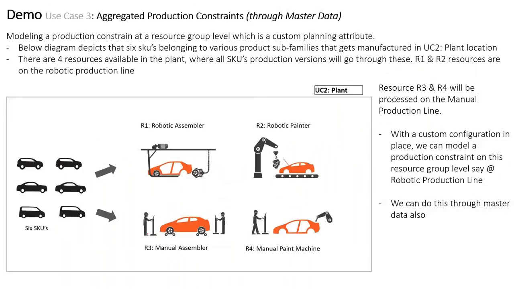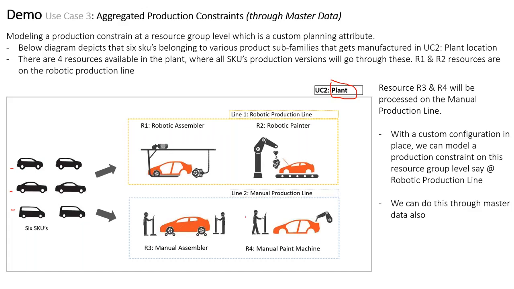Now here I have this plant, and in this plant, 6 SKUs are getting produced, all SUVs, MUVs and vans. There are 2 lines. Line 1 has a robotic assembler and then a robotic painter, and line 2 has a manual assembler and then a manual paint machine.